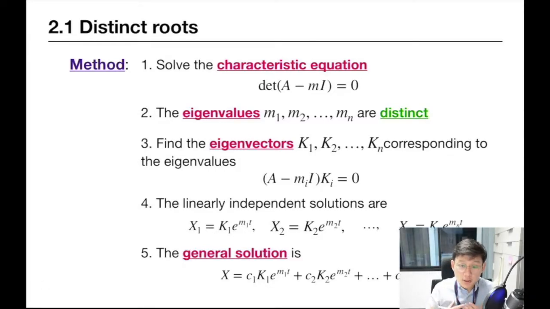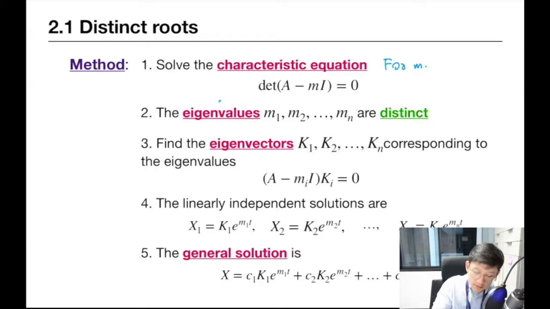Okay, the method. First, we need to solve the characteristic equation for m. And then we call the m's eigenvalues.